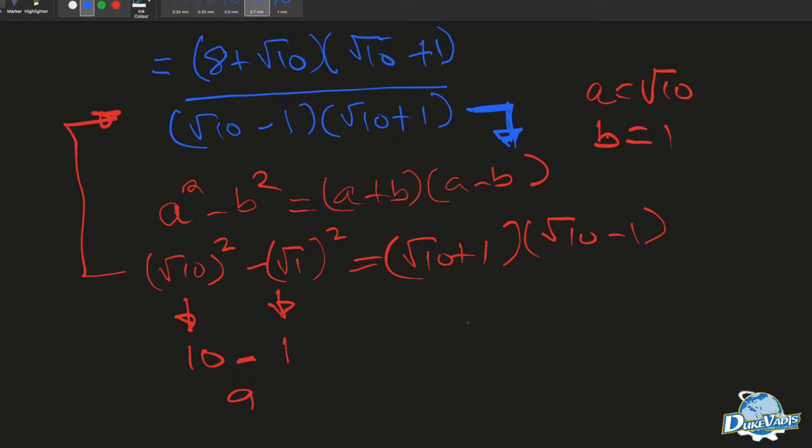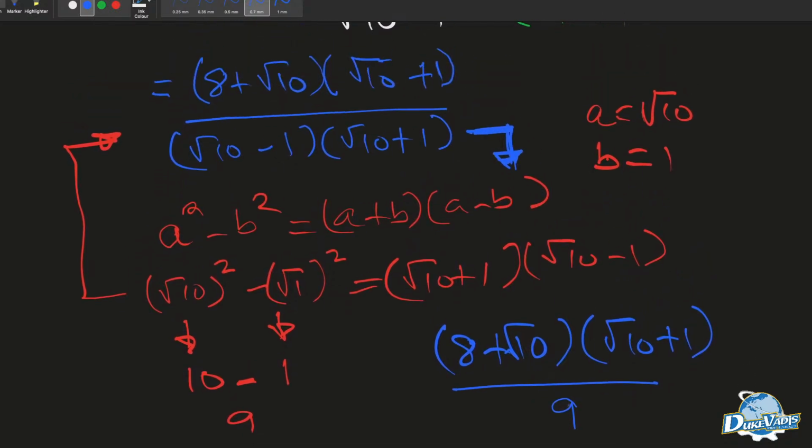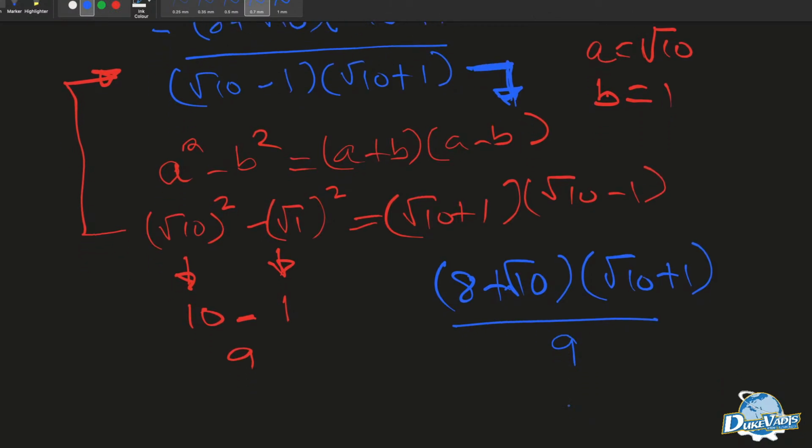So then we have 8 plus root 10, into bracket root 10 plus 1, all over 9. Okay, so our headache right now is to solve the numerator, and that is easy as well. The numerator is easy. How do we do that?